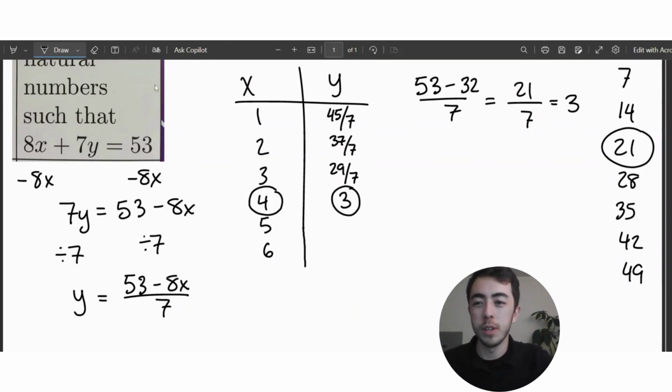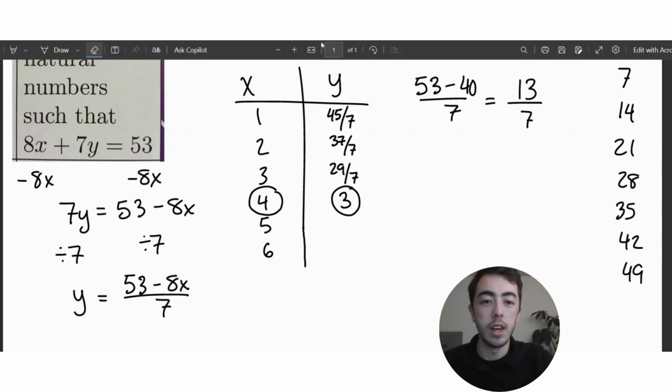Today's epilogue will just be a little shorter than normal. I wanted to make sure that there weren't any other solutions as well. So if we plug in x equals 5, that gives me a 40 right here. And so I'll do 53 minus 40 on top is 13. That doesn't line up with either of my multiples of 7 over here. So I know that the division does not give me a natural number as the answer.